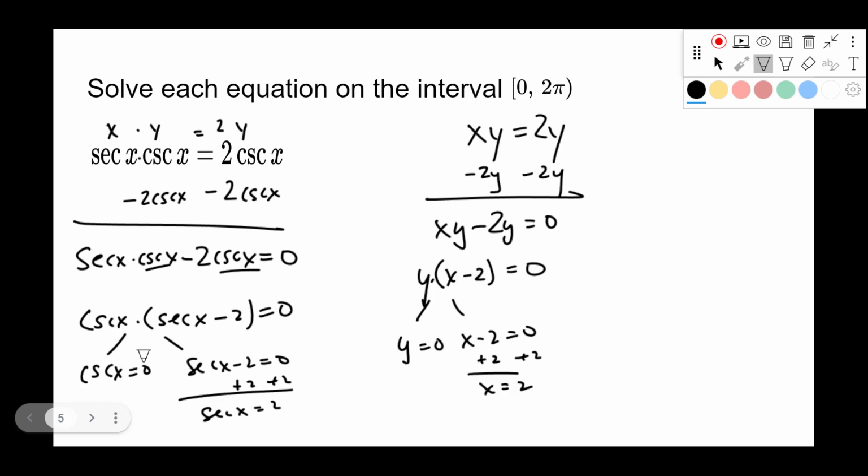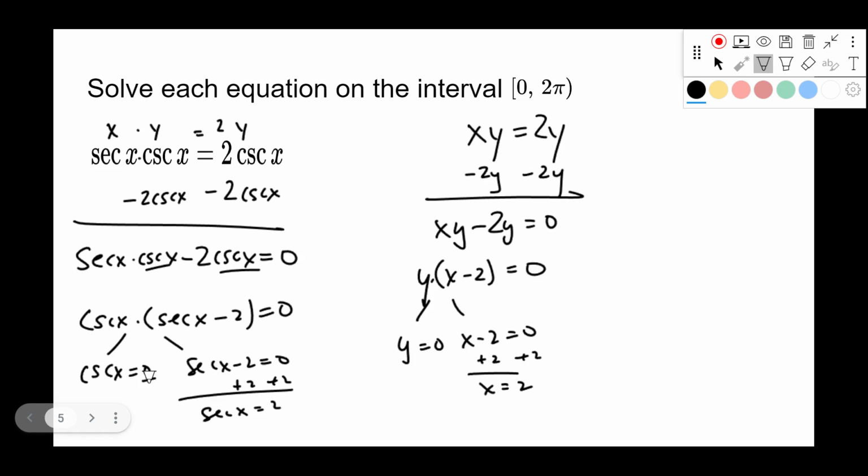Cosecant is 1 over sine, right? Or 1 over y. But if I take 1 over y as my coordinate, how am I going to get 0? If I do 1 over 0, it's undefined. Okay? Or, that's one way to look at it. The other way to look at it is this.